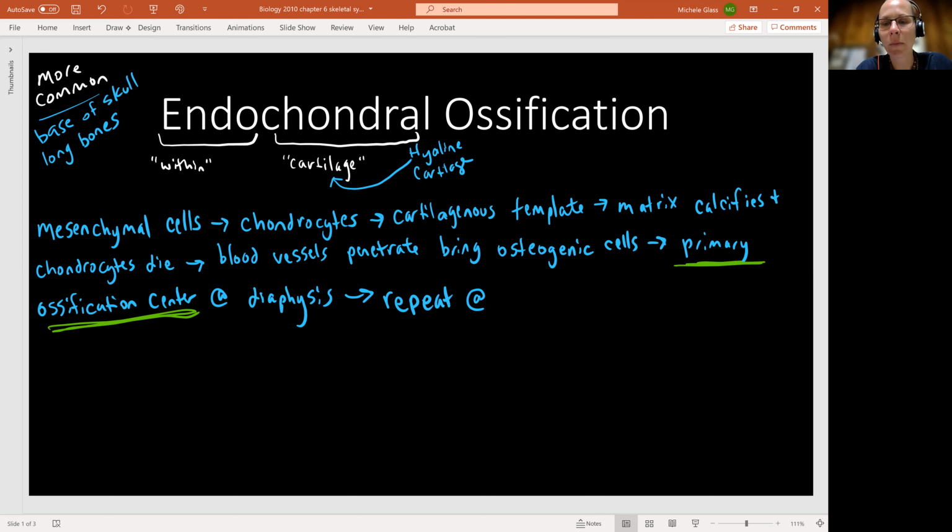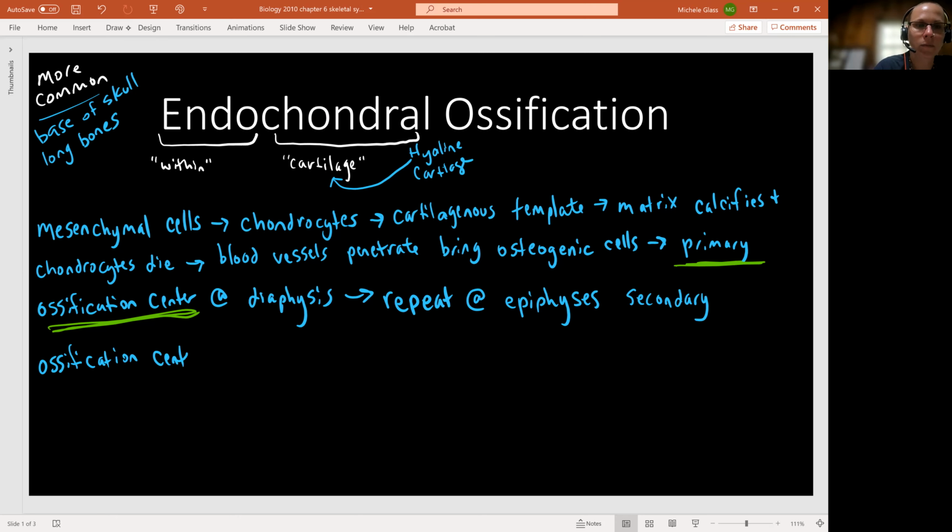at the epiphyses. Epiphyses is the plural form. We have two ends, a distal and a proximal epiphysis. We call this location the secondary ossification center. So where we get the blood vessels penetrating at the epiphyses, we get a secondary ossification center.